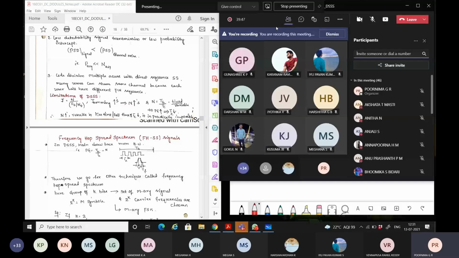Any doubts with that direct sequence spectra? Gokul, any doubt? Harshita? No, ma'am.